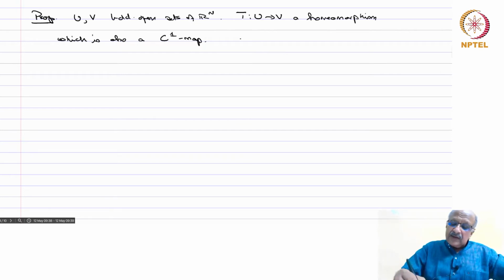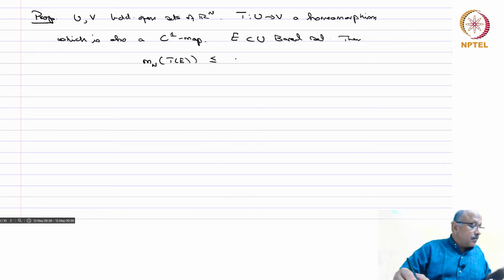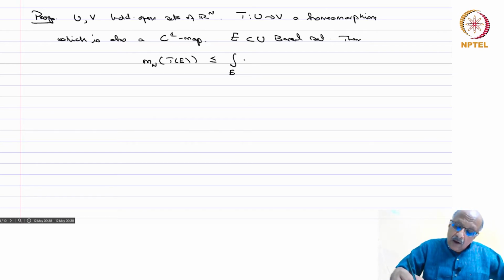That means each Ti is continuously differentiable. Let E contained in U be a Borel set. Then mn of T(E) is less than or equal to the integral over E of mod Jacobian of T dmn.